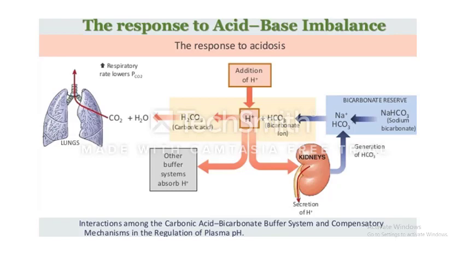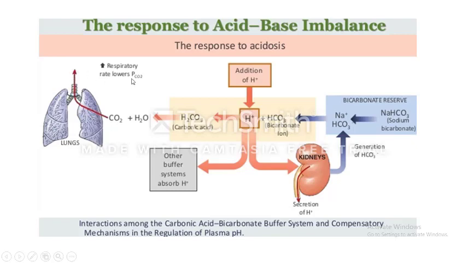This bicarbonate ion reacts with the acid inside our blood, with this proton. Bicarbonate and proton react together to give carbonic acid, and this carbonic acid goes to the lungs, where it is converted into carbon dioxide and water, and this carbon dioxide is removed through the respiration process.